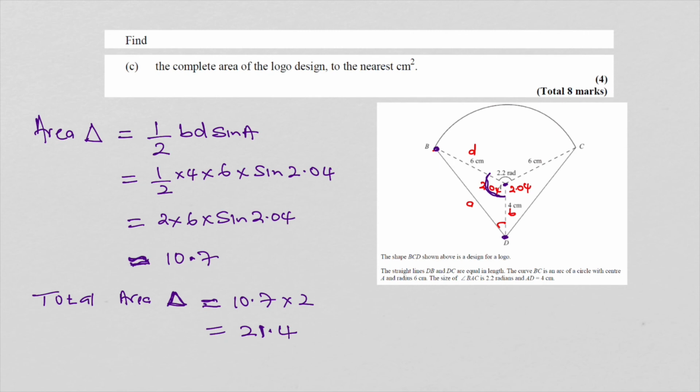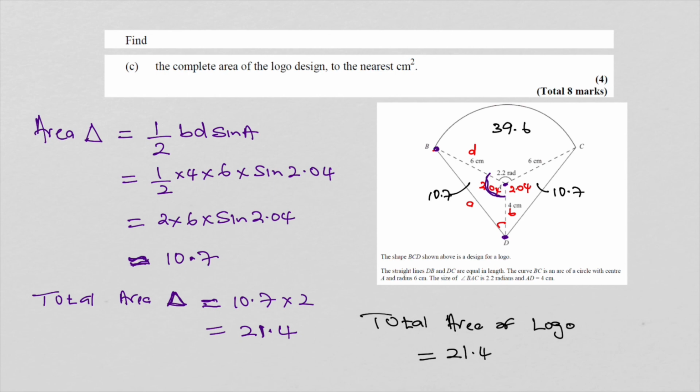Now we need to add the area of the sector, which is 39.6, and the area of each triangle is 10.7. If we add them together, the total area of the logo will be equal to 21.4 plus 39.6, and that equals 61 centimeters squared.